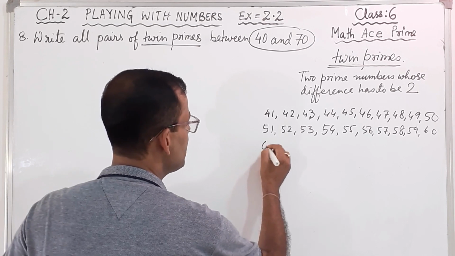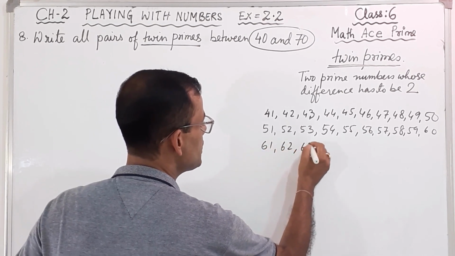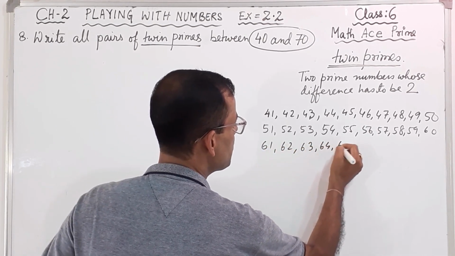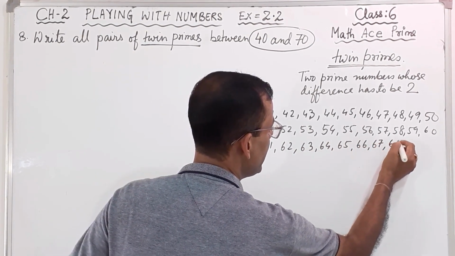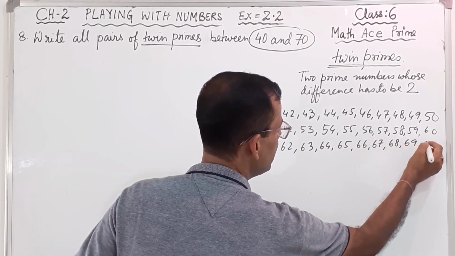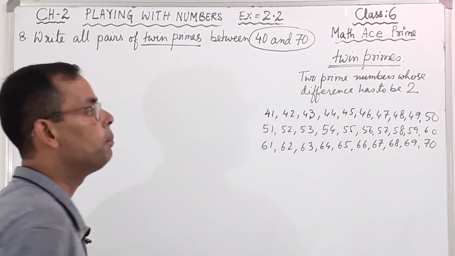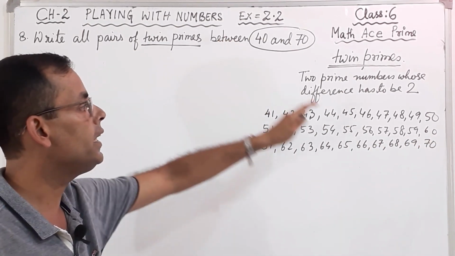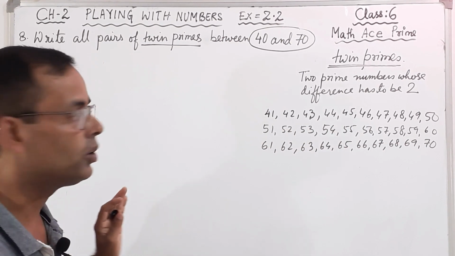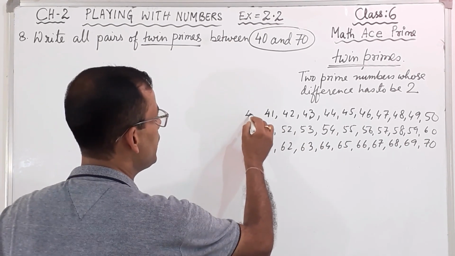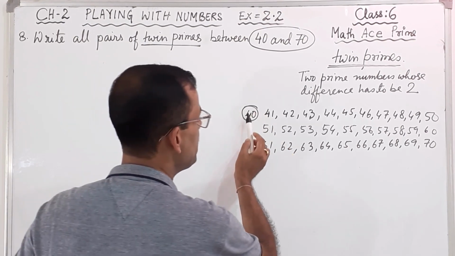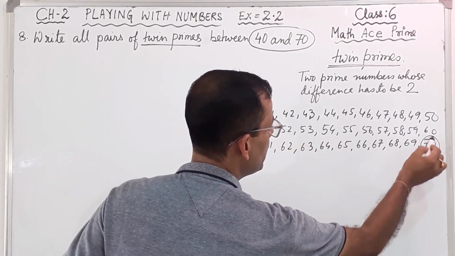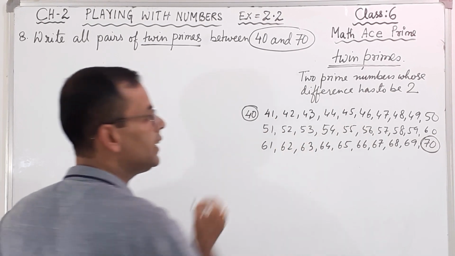Then 61, 62, 63, 64, 65, 66, 67, 68, 69, 70. So between 40 and 70, these are the numbers.